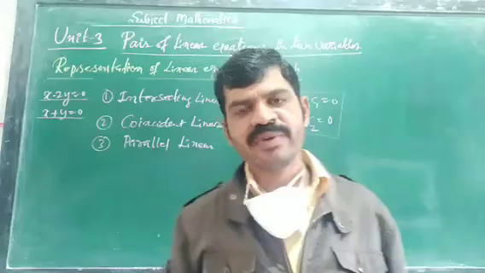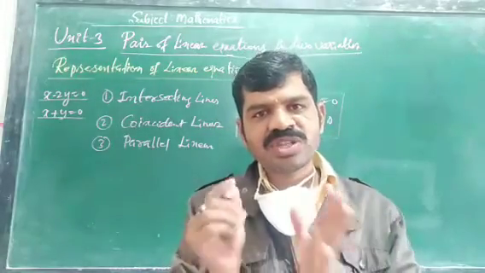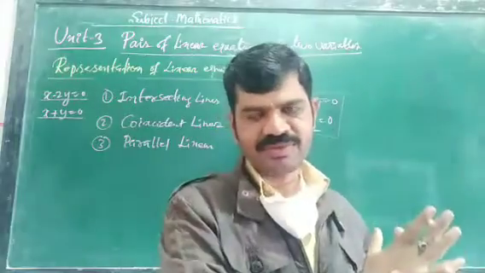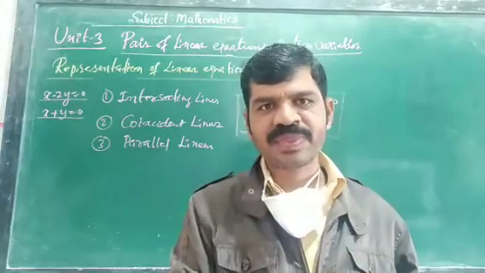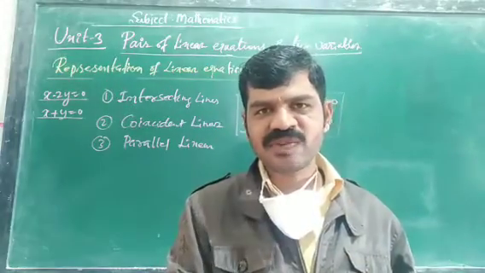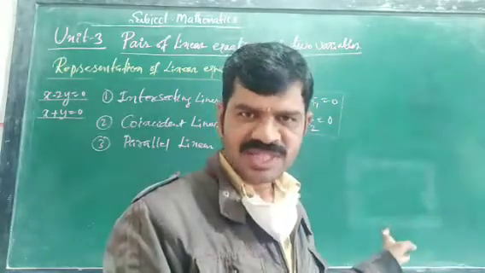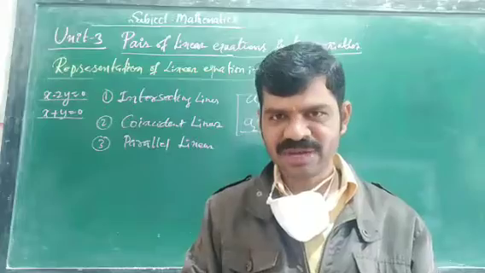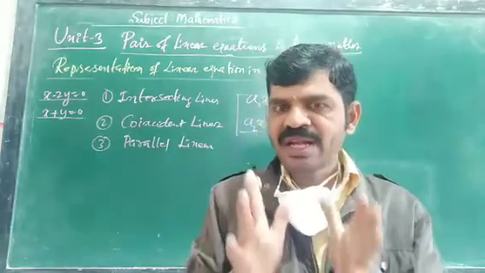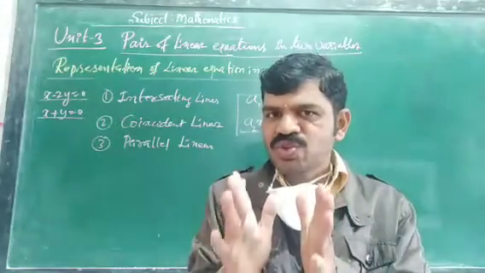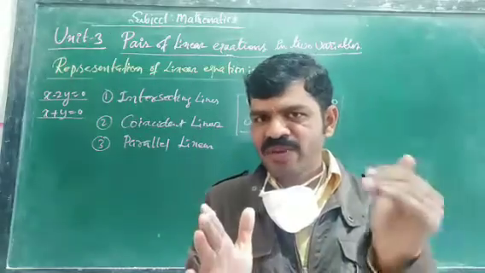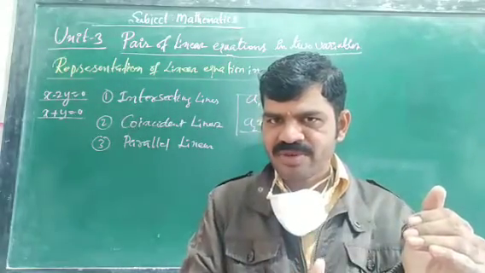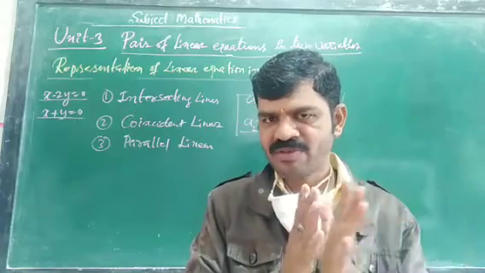Now we have already discussed how these pairs can be represented in a graph. So intersecting pair of linear equations has been already discussed. Now we are going to take one more example of coincident pair of linear equations. In one linear equation, let us provide the value of x so that we get the value of y.